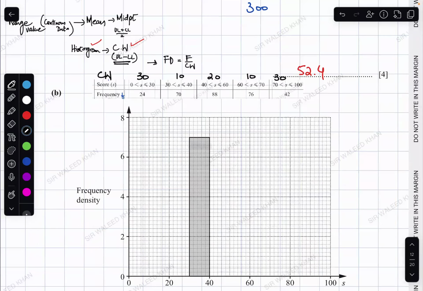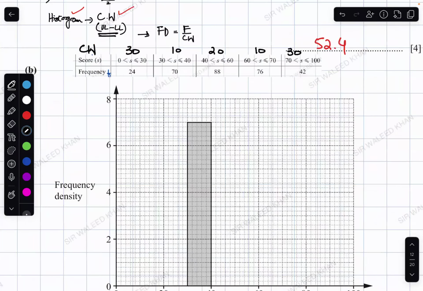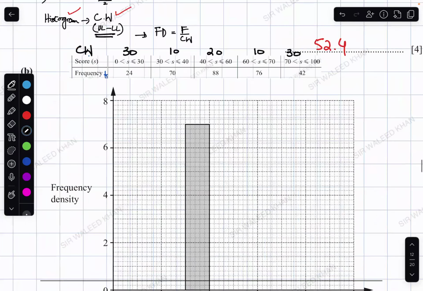And in addition to that, we have to make the frequency density as well. The row for frequency density will be frequency over class width. So frequency 24 by 30, that should be 0.8. This should be 7. 88 by 20 is 4.4. 76, this should be 7.6. 42 divided by 30 is 1.4.